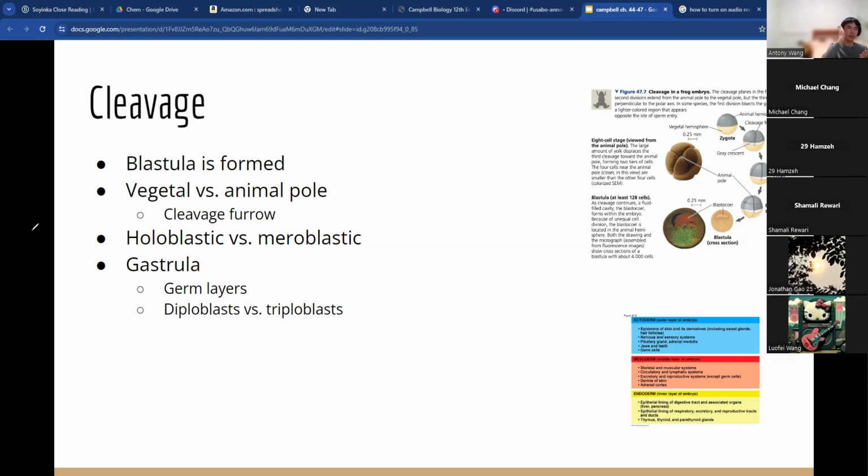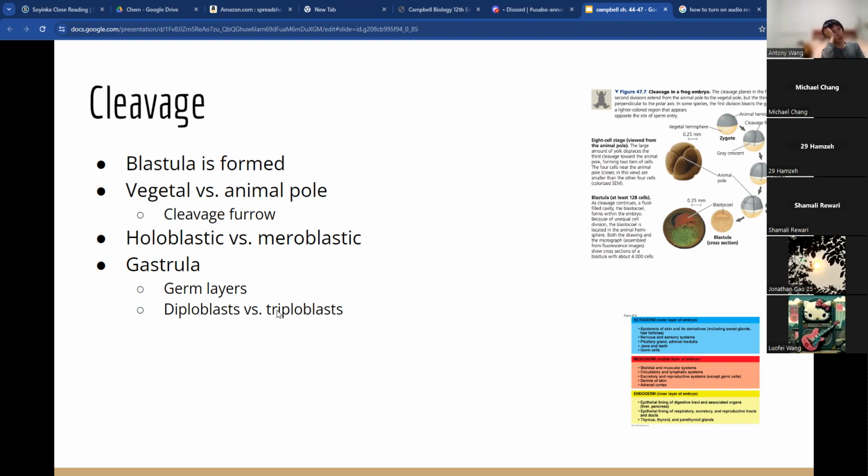Because of that, it divides more slowly, and you end up with an uneven division where you have the blastocoel, the cavity formed in the blastula. The blastocoel is more on top than in the middle. So the smaller cells are on top, and the cells on the bottom are larger because cell division is slower.